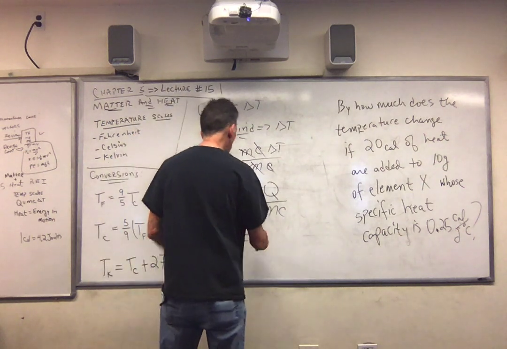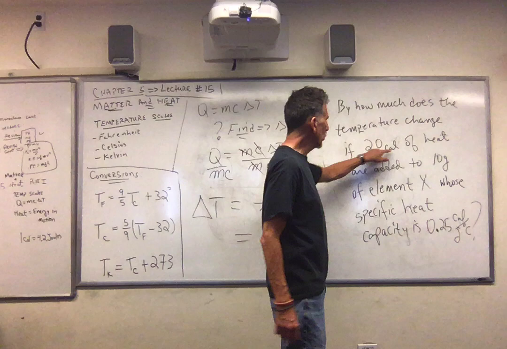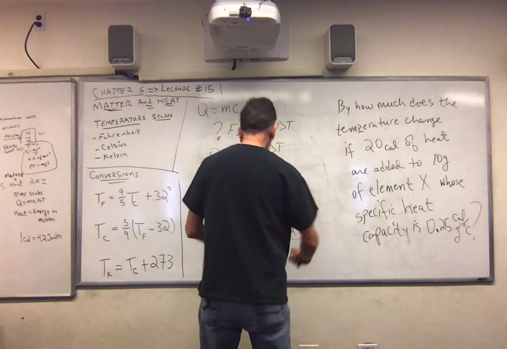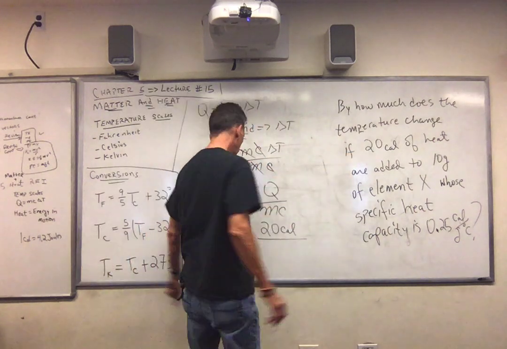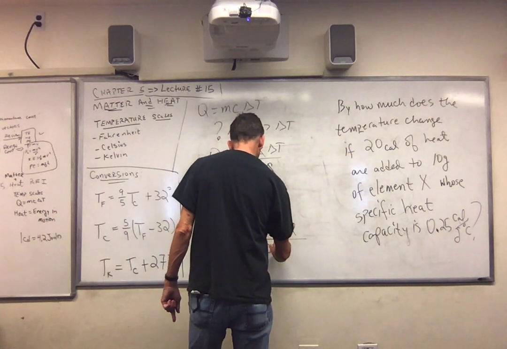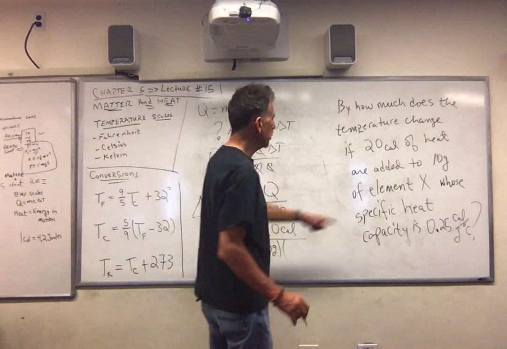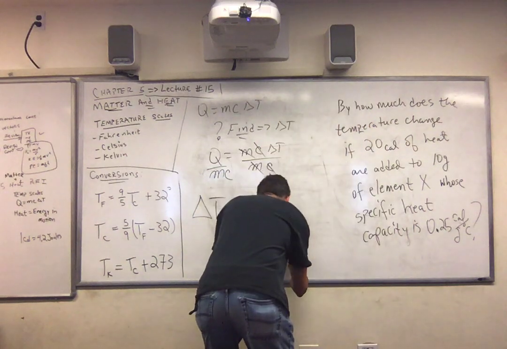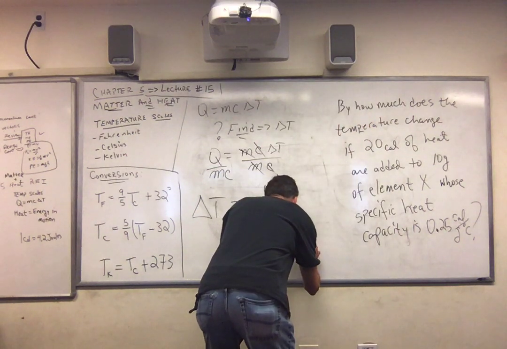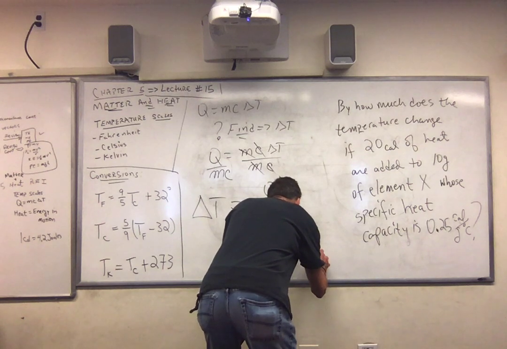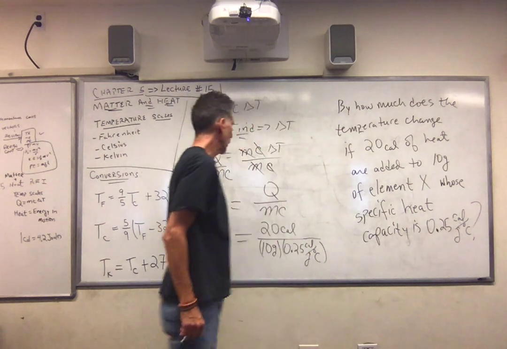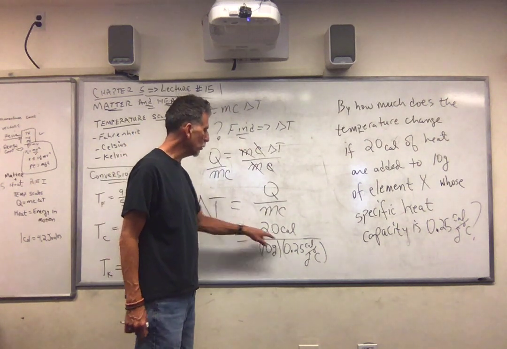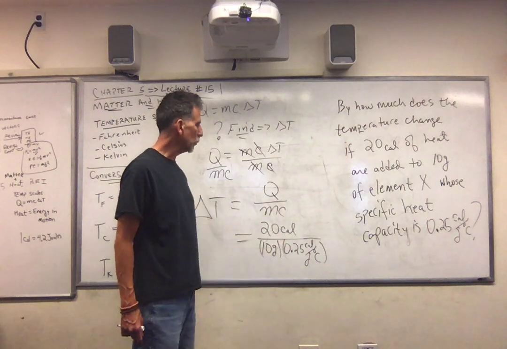All right, let's look. What was the heat? What was Q? How much heat was added? I said 20 calories, 20 calories with a small c. What is the mass? I said 10 grams. What is the specific heat capacity? 0.25 calories per gram per degree C. I believe, what is that? 2 times 1/4.